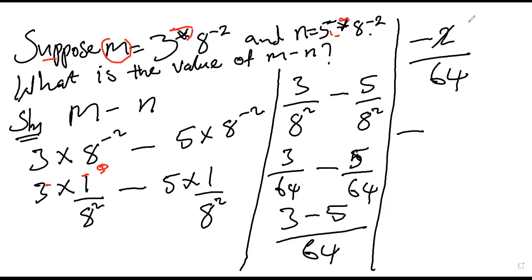It's just 1. So how many 2s do we have in 64? 2 going into 6 is 3, 2 going into 4 is 2, that's 32, right? Okay. So we're going to be having 1 all over 32. This is the answer. It's negative, okay? So the answer is negative 1 over 32. That is the answer.